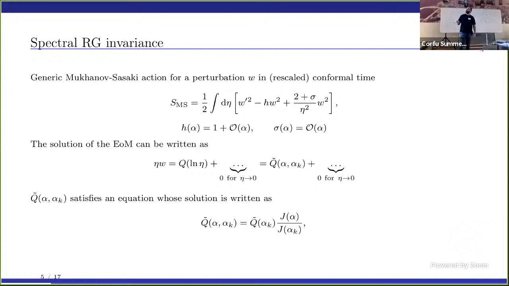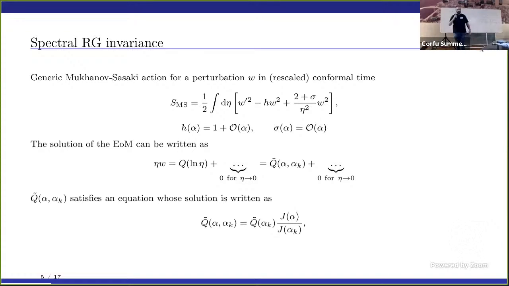It is important to show, we've shown that the solution of the equation of motion, the Mukhanov-Sasaki equation, which is this W, can be written in this way. Actually eta W, because later we will see that in the power spectrum always eta W appears. It can be written with a function of logarithm of eta plus something else that goes to 0 when eta goes to 0.